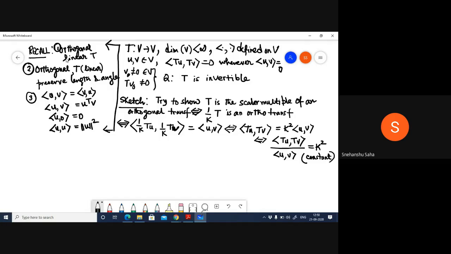So is there a way I can show that this ratio of the inner product of TU, TV and the inner product of U, V is a constant? If I'm able to show that, I have effectively shown that T is a scalar multiple of an orthogonal linear transformation, and therefore T is invertible. So this is what I need to show.